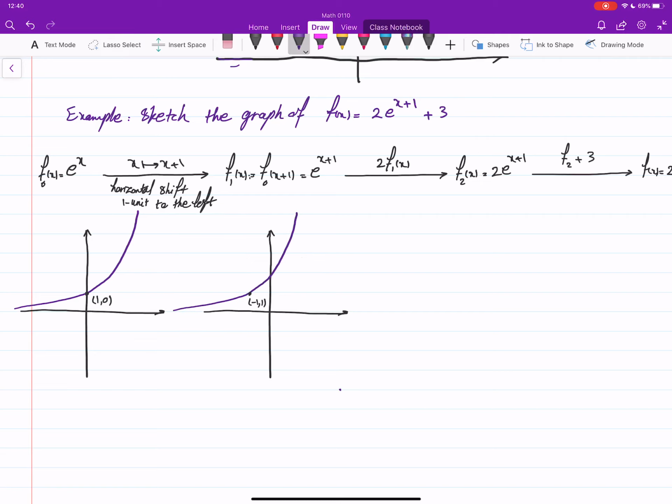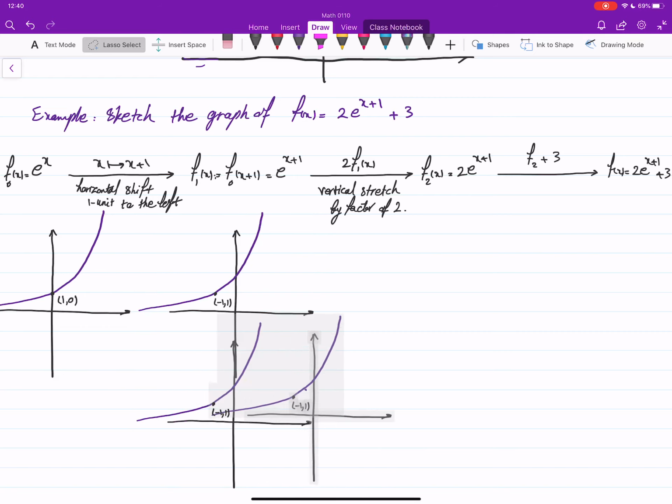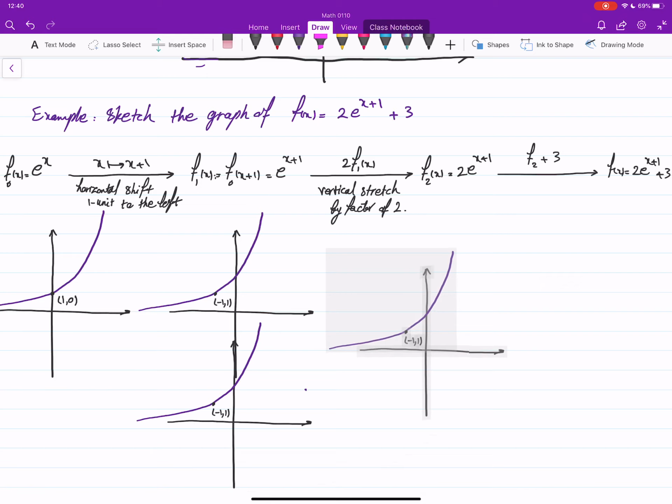The second step is that we are doing 2 f1. It means that we have, first of all, a vertical stretch by a factor of 2. So let me copy this. Copy and paste. I will need a bit more space here.